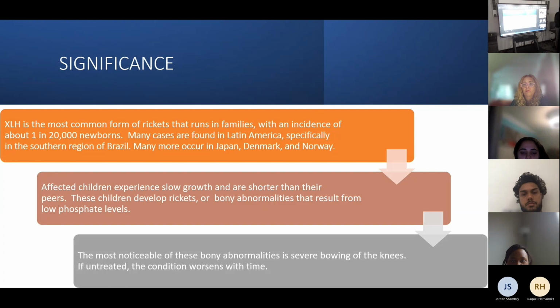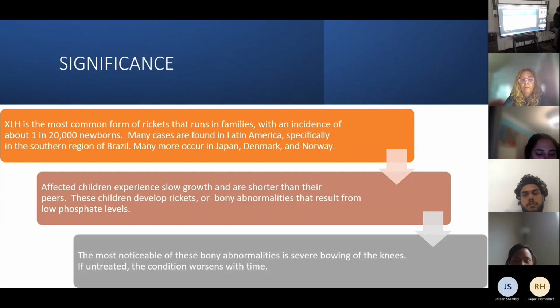But no, I found in my research that it's mainly in America, but many more in Japan, Denmark, and Norway. And I'm assuming that this is the case because of shorter supply of medication or poor nutrition.